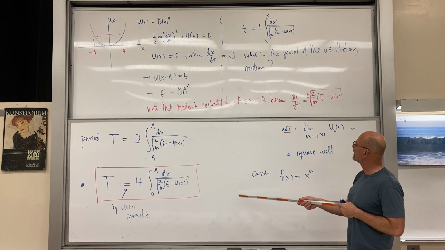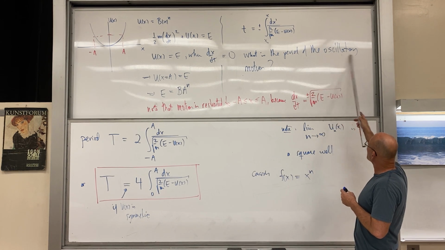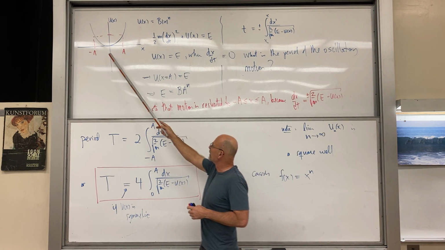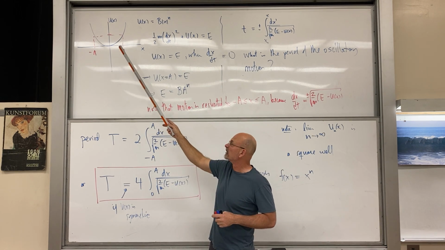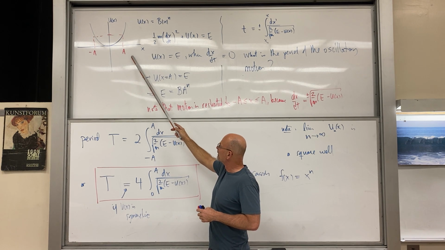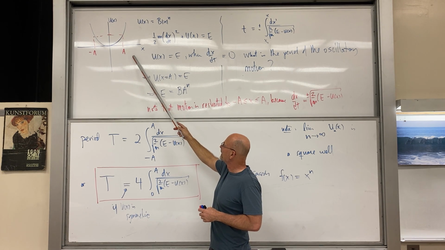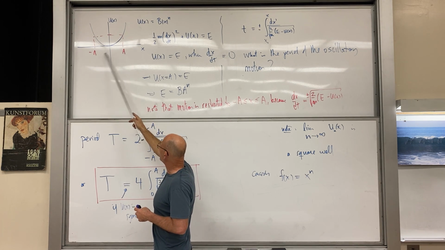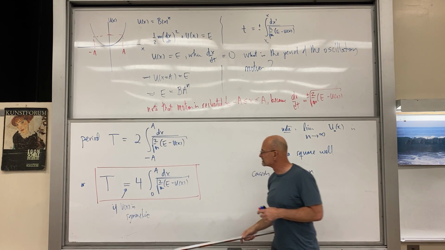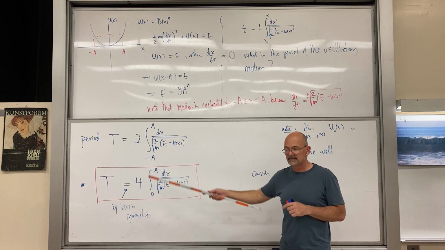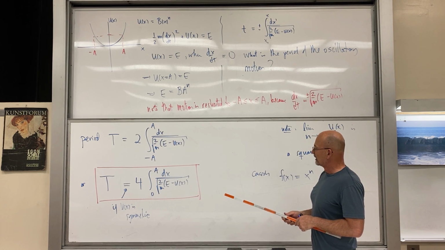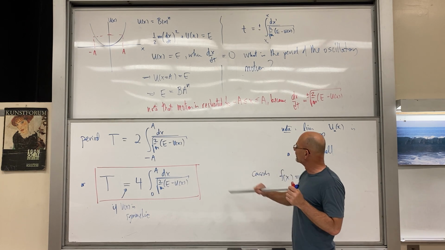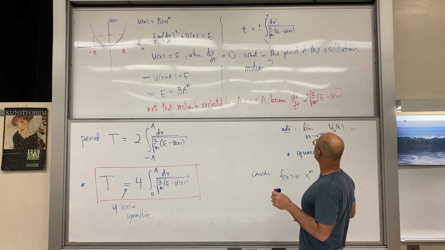That'll be a period of an oscillation in a potential with a local minimum, right? And if the potential is symmetric, well, I've kind of assumed symmetry by minus A to A, so that's fine.